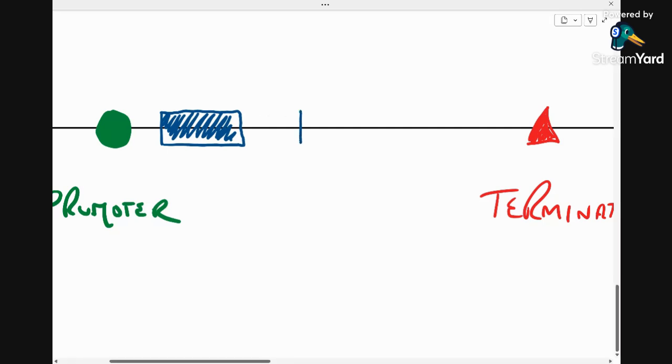The remainder of the gene might be split up here. You might only have maybe 50 base pairs or something before it's split up again into another section. And these vary in size. And then you might have the rest of it here before you get to the terminator.